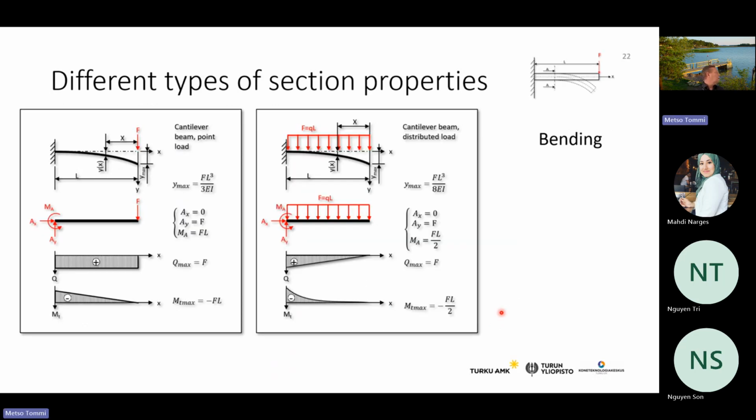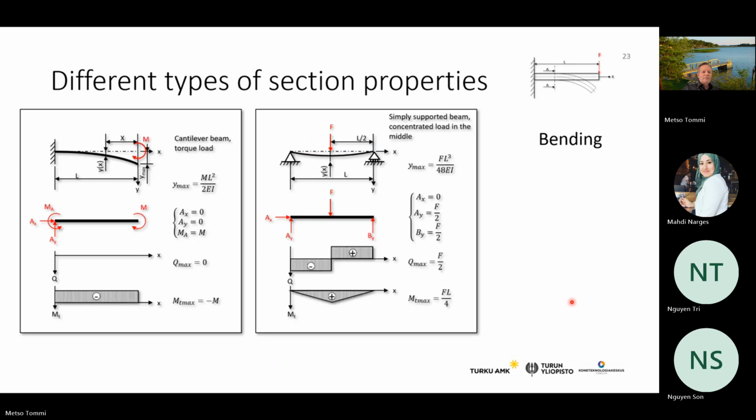This is the most important part in this course, the bending, what happens in the bending, because these stresses are the biggest stresses that happen in structures. And you can find these pictures from this formulas book. So it is important you have this formulas book.